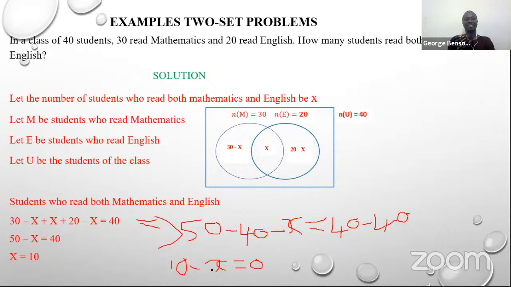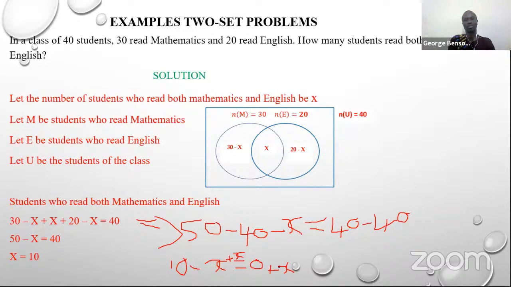Now I will try to make sure that I save the x. So what I will simply do is add x here, then add x here. Is it okay? So now this x and this x will go to 0, and here will be x.